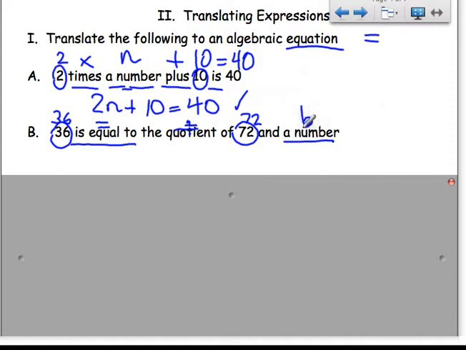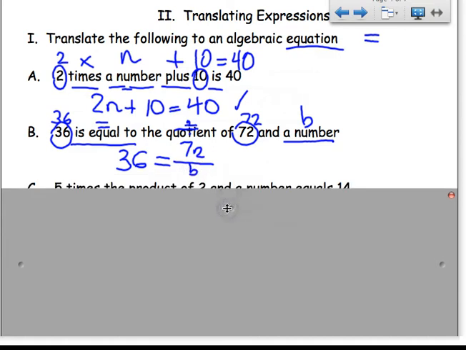To put all those things together, I have 36 is equal to the quotient of, so that means I need to be dividing 72 and a number b. This is the quotient of 72 and b, which equals 36. And I've now translated that into an equation. Another way I could have written that would have been 36 is equal to the quotient of 72 divided by b, like that. But either way would have been correct.